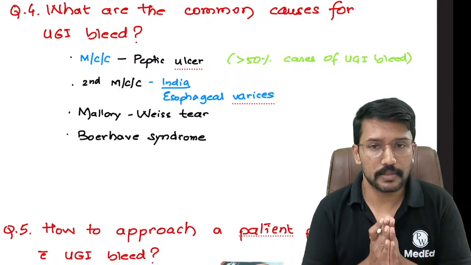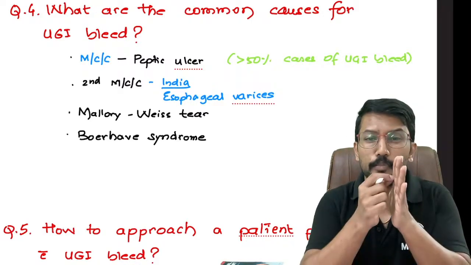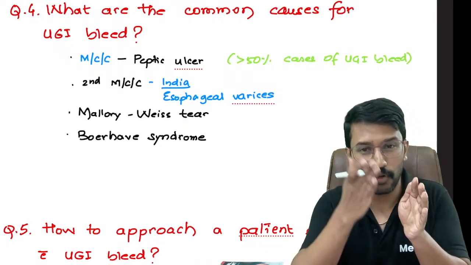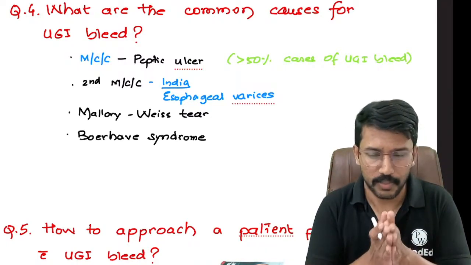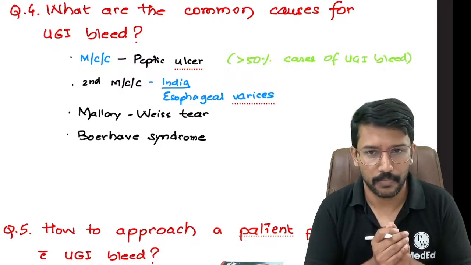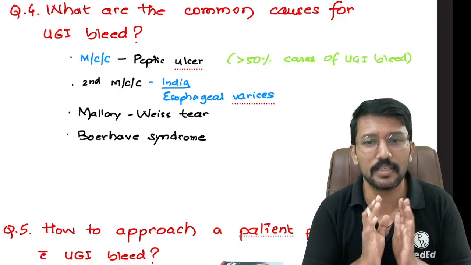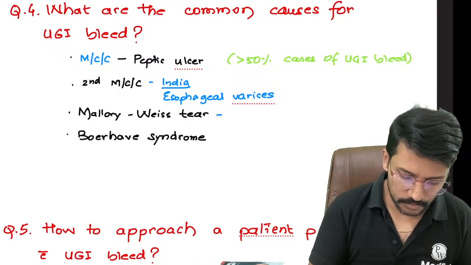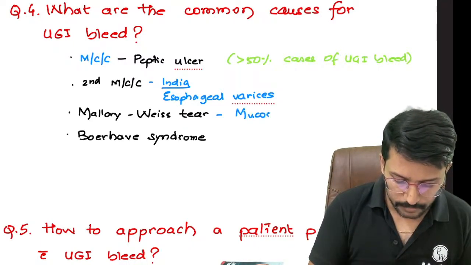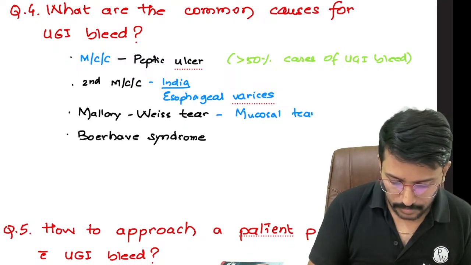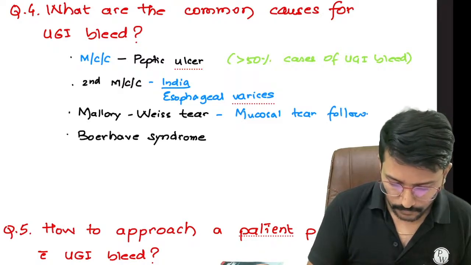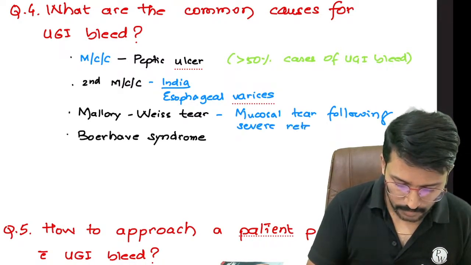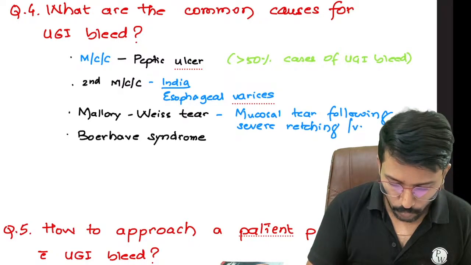The fundamental difference is in Mallory-Weiss tear, only the mucosa of the esophagus is torn. You know that in the esophagus, the innermost layer is what you call mucosa, right? Then you have the other layers. So in Mallory-Weiss tear, only the mucosa is torn and from there you bleed, right? So Mallory-Weiss tear refers to mucosal tear following severe retching or vomiting.